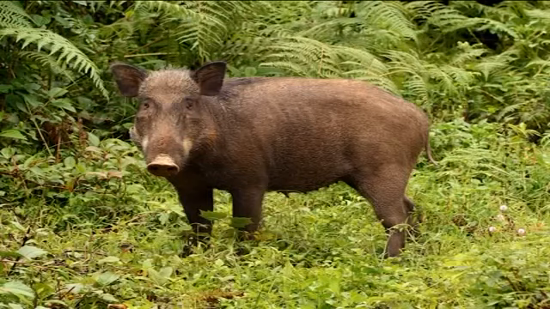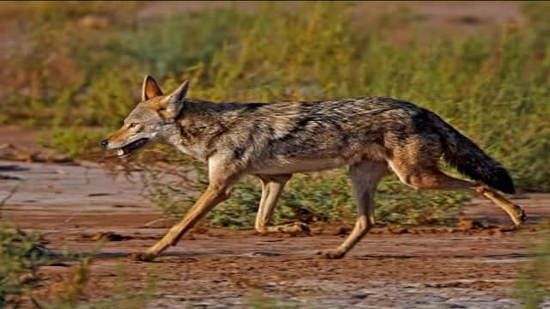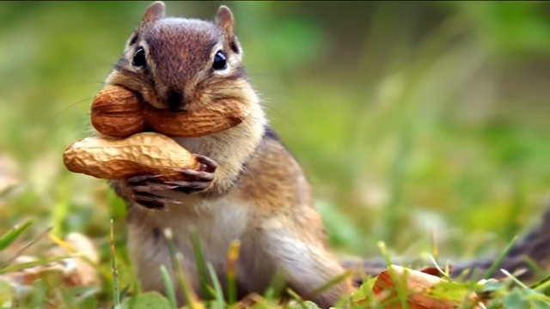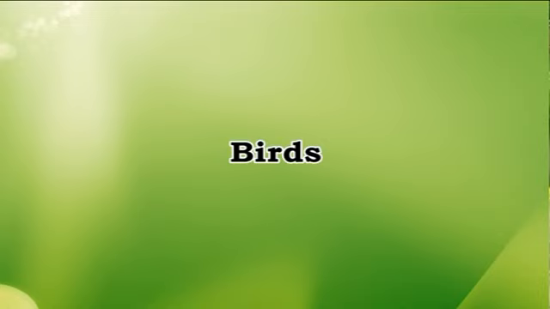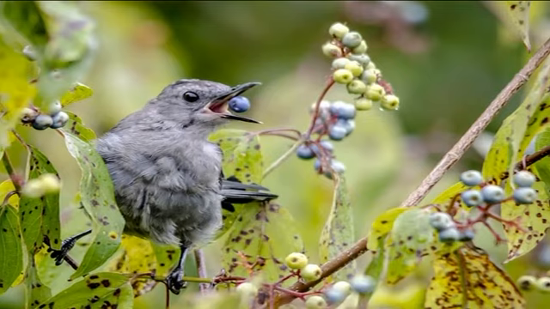Animals. Animals like wild boar, deer, elephants, wild buffalo, jackals, monkeys and squirrels cause direct damage to crop plants. They eat away the plants and they waste huge amounts of crops. Birds. Birds attack the crop plants and eat grains.